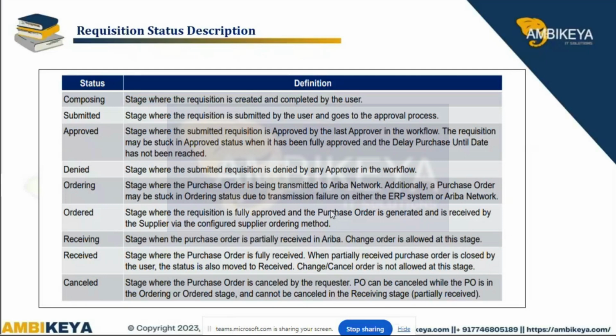Receiving is the stage where the purchase order is partially received, and received is the stage where all the quantity is received. Cancelled is whenever you cancel the purchase requisition, it becomes cancelled status. You can cancel the purchase requisition or purchase order until it is in receiving status. Once it becomes received, you will not be able to cancel it.